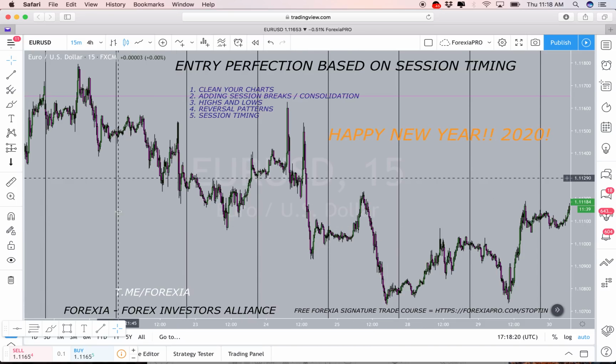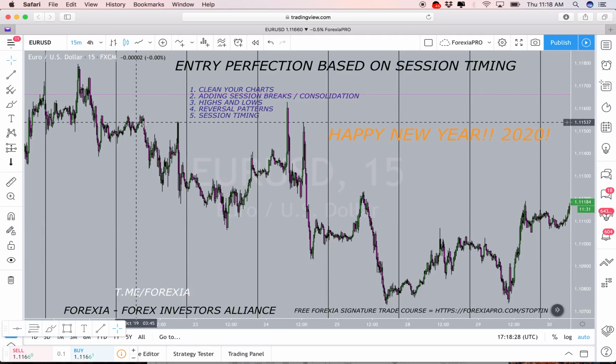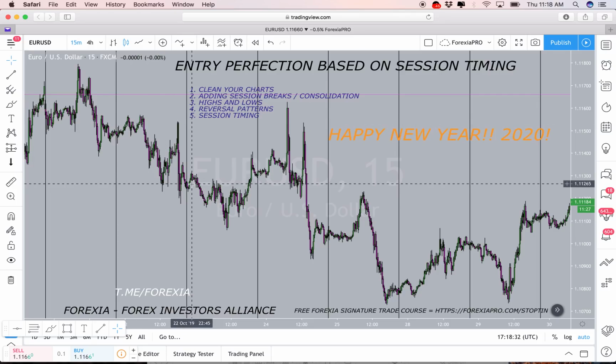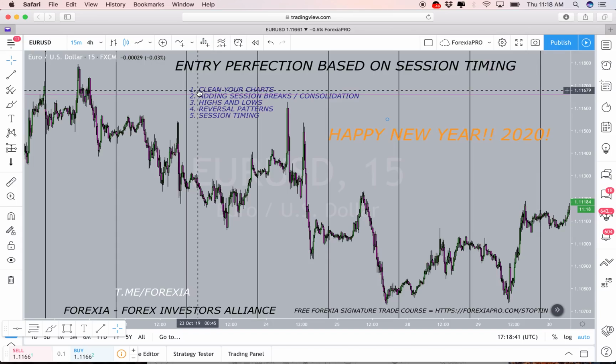And this indication of when the day starts and when one day ends is to help give you a better idea of market structure in a 24-hour period. So that's piece number 2, add the session breaks so that we can understand when consolidation is. Okay, rule number one is always going to be clean your charts.